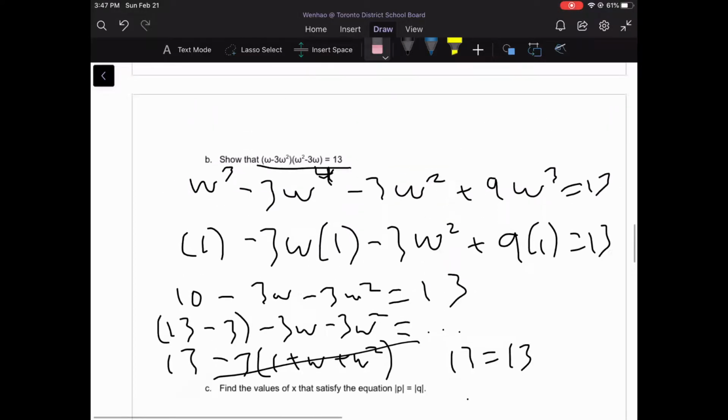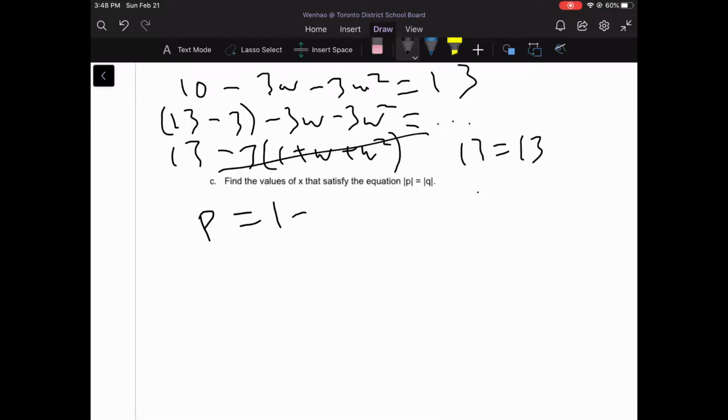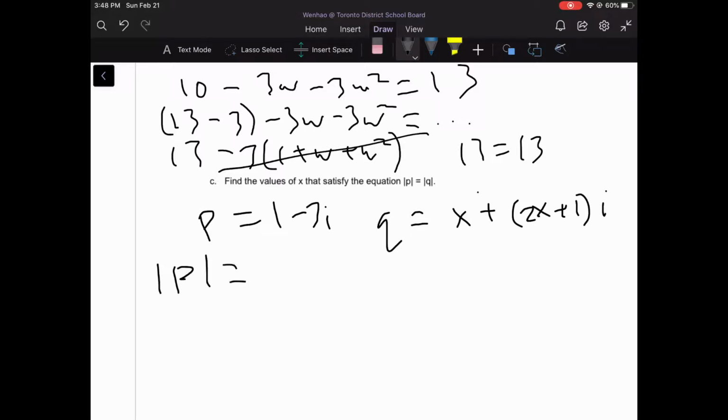From above, we have p is equal to 1 minus 3i, and q is equal to x plus (2x plus 1)i. Alright, so the scalar of p is the square root of 1 squared plus negative 3 squared, and that is just root 10.